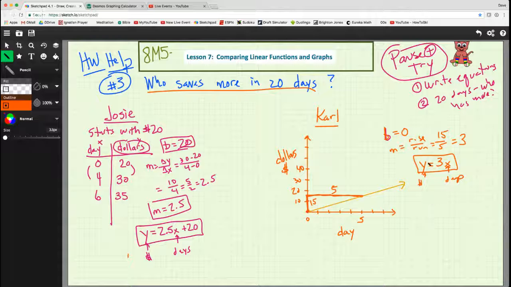In 20 days, days is 20, Carl will have $60. Carl has $60 after 20 days.